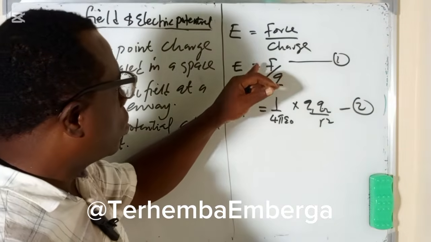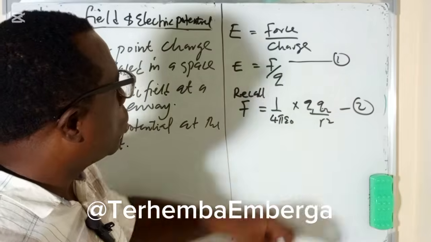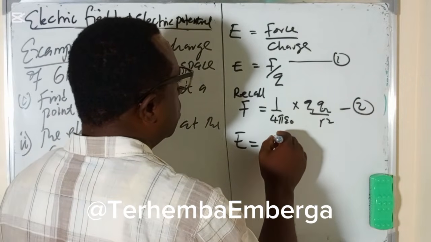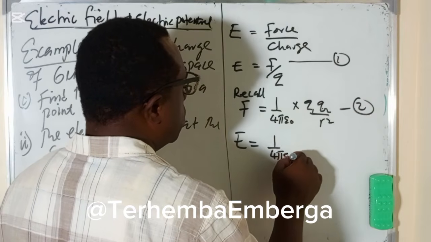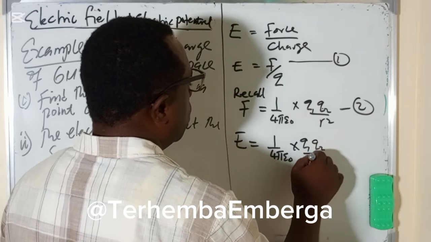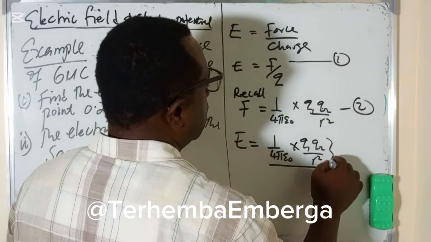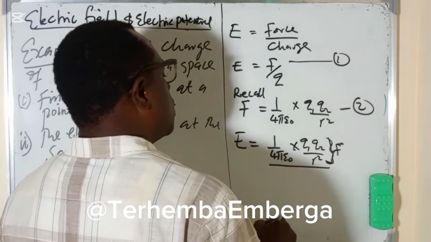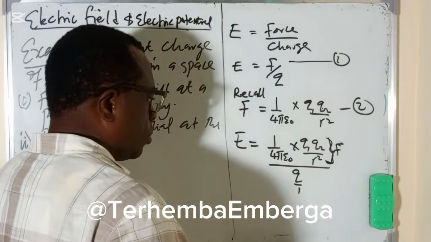So if you want to define this, we'll now substitute equation 2 into equation 1, and the electric field becomes 1 all over 4 pi epsilon naught times Q1, Q2 all over R squared, divided by Q. This is the force we're talking about, the force divided by Q all over 1.